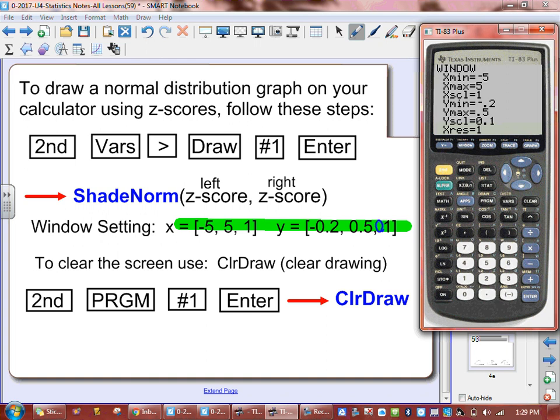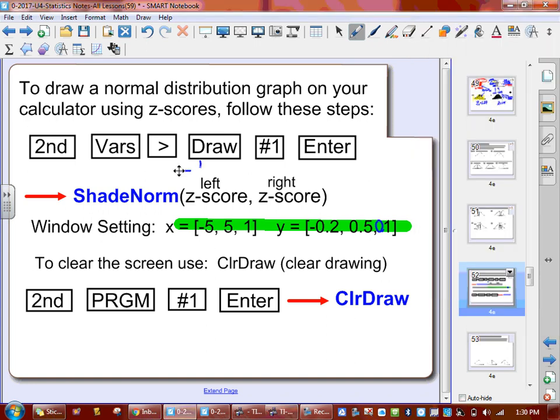Okay, so we're going to make sure we have that graph drawn. So all we need is the z-scores from that graph. The z-scores we have from that graph are negative 1.01 and negative 0.33. So those are the z-scores we're going to use. Okay, so everybody with me?